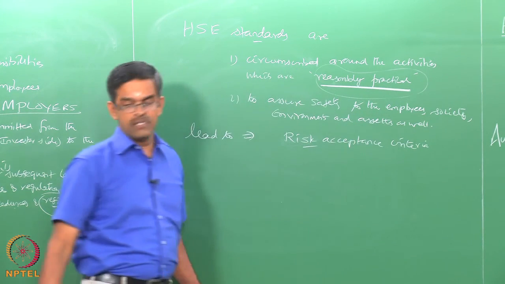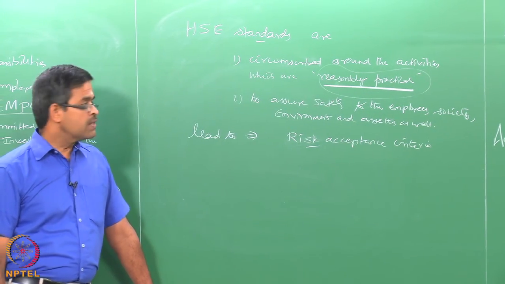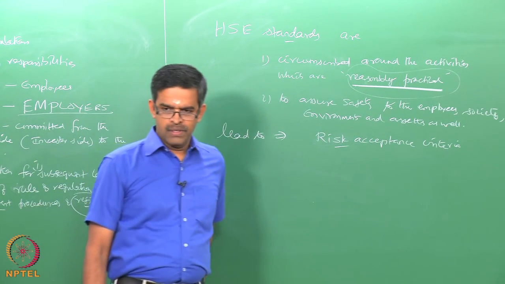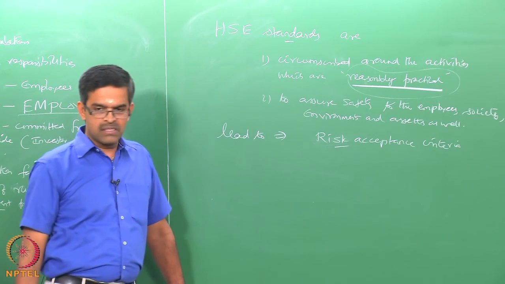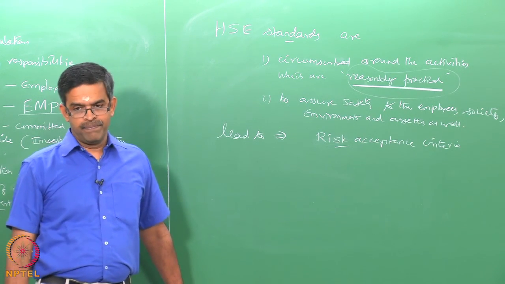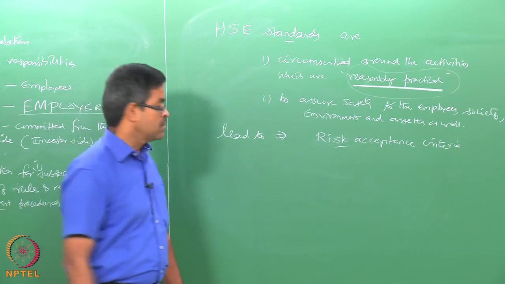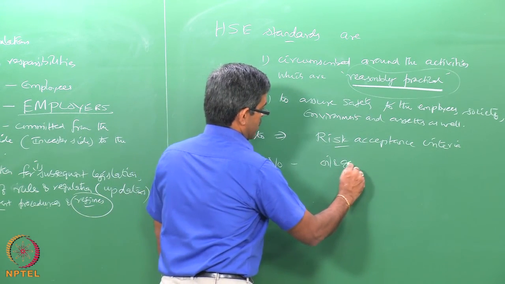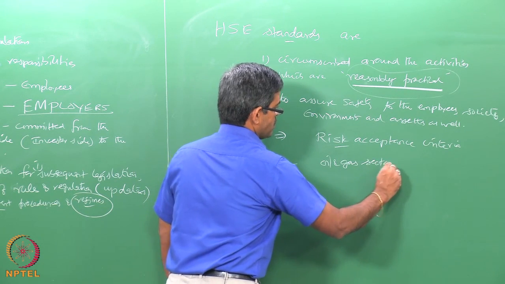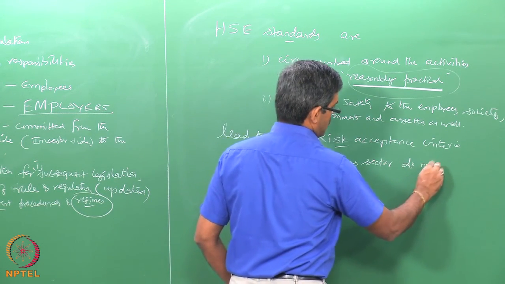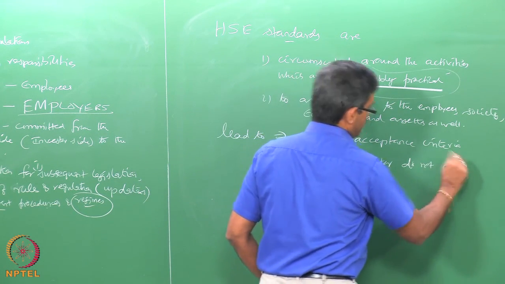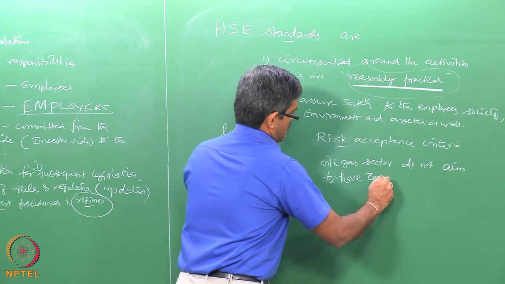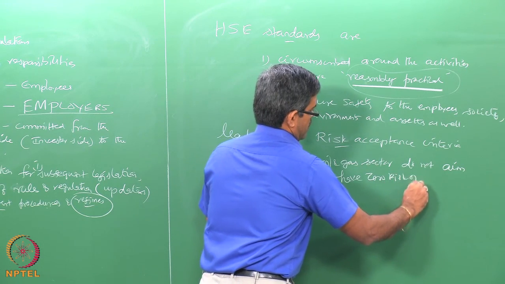So, if you ask me a question, sir, when safety norms are violated, it is going to be very risky. So, do oil and gas industries claim that they have zero risk operation? The answer is no. The oil and gas sector does not aim to have zero risk operation.